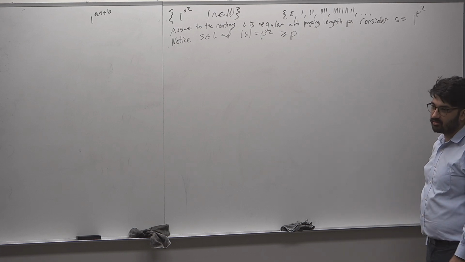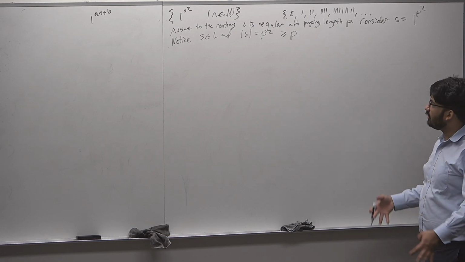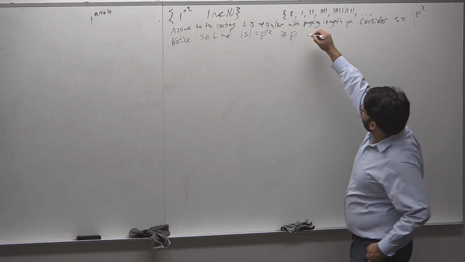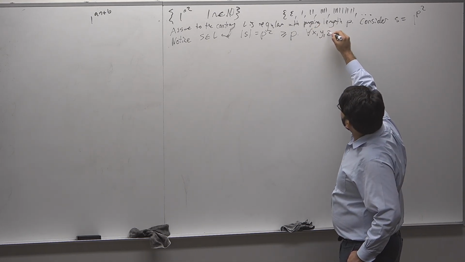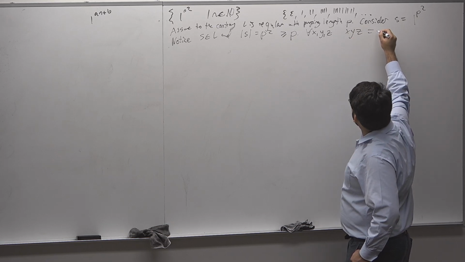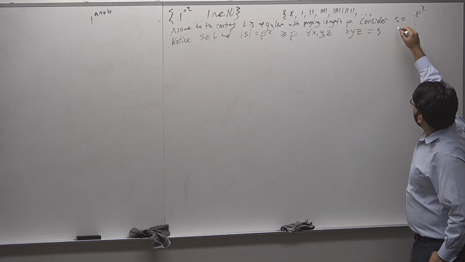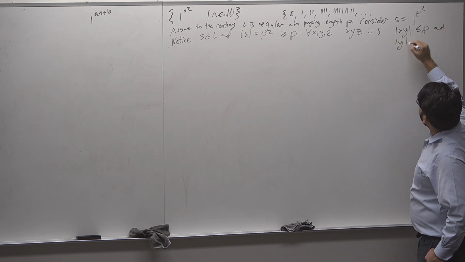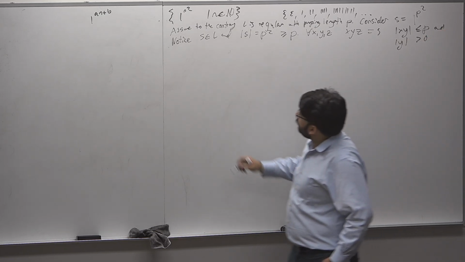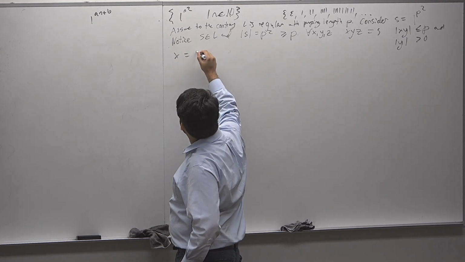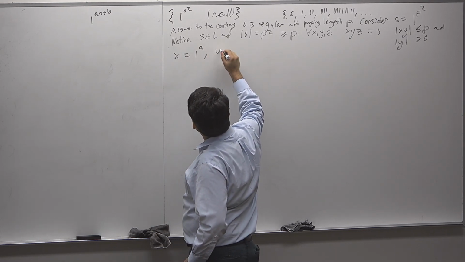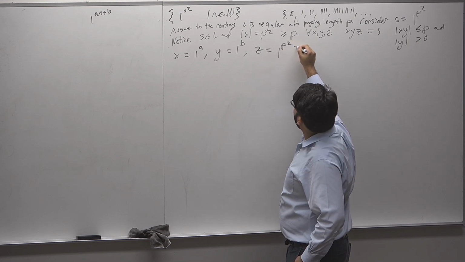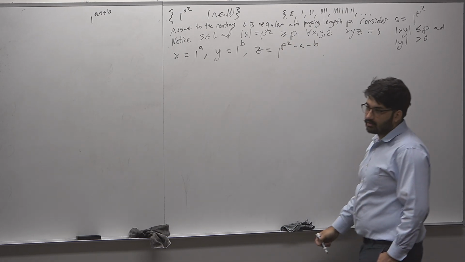It's a real natural number, so it's definitely greater than or equal to P. Consider, for all cases, x, y, z equal to S with the length of xy less than or equal to P and the length of y greater than 0, we have that x is equal to 1 to the a, y is equal to 1 to the b, and z is equal to 1 to the P squared minus a minus b, right?